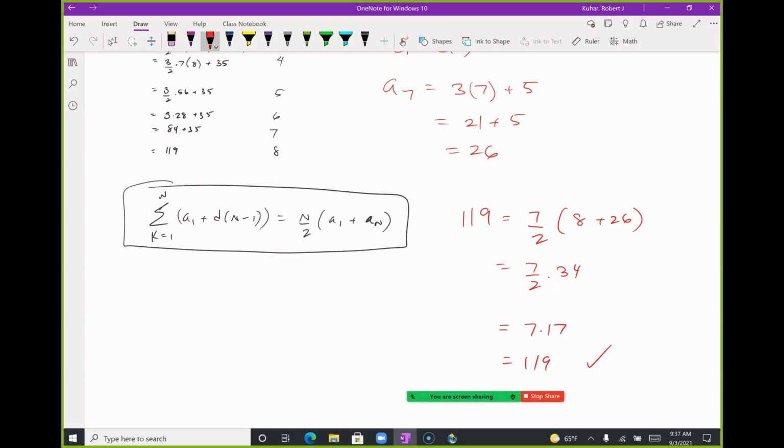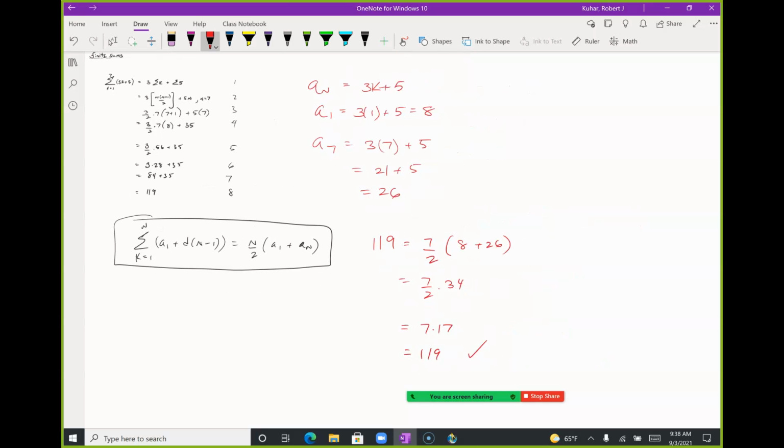And you say, well, if I have one formula, why do I need another formula? Because you don't know what you're going to have. If you just have the series, yeah, we could do it. This method that we did is a method that really will come into play in Calc 1.